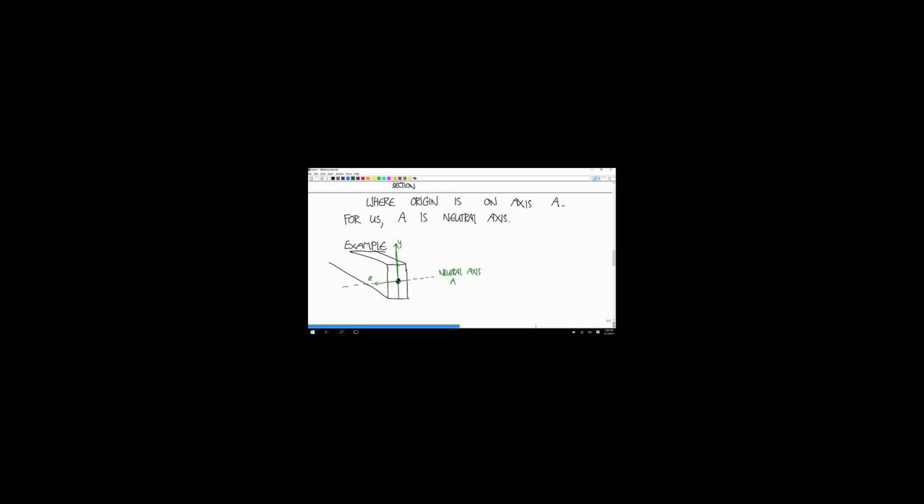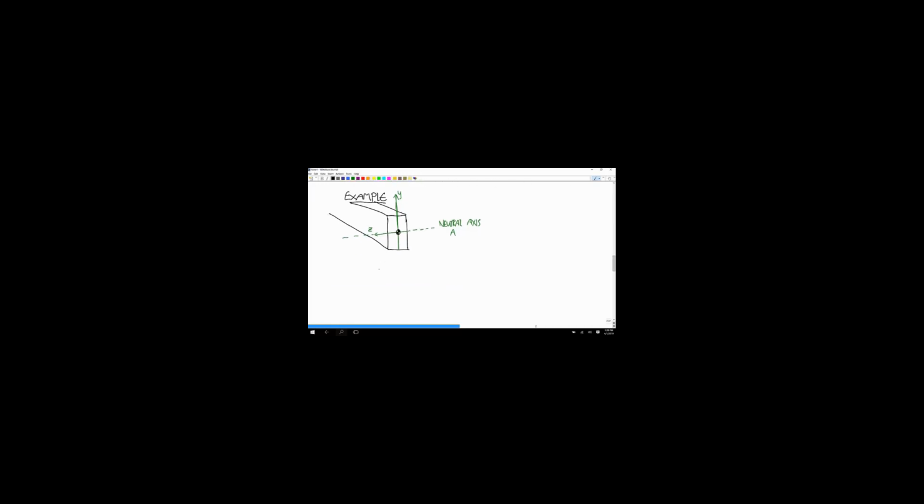And that's our axis A. For a single cross section, let's say that the dimensions are B and this H. And this is the neutral axis.